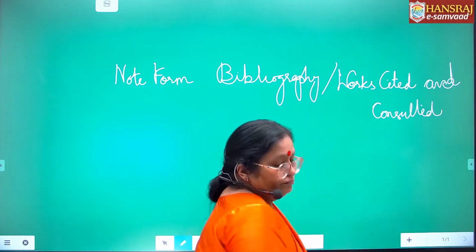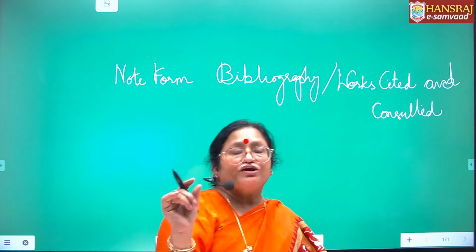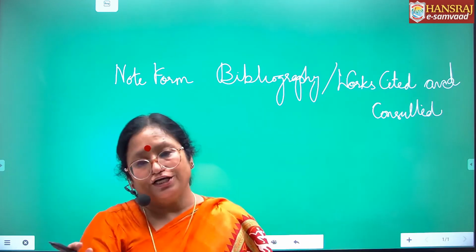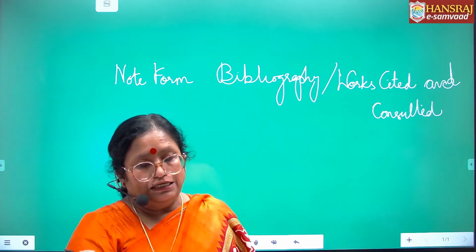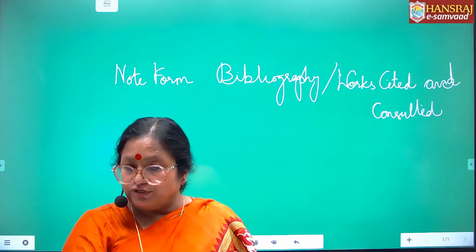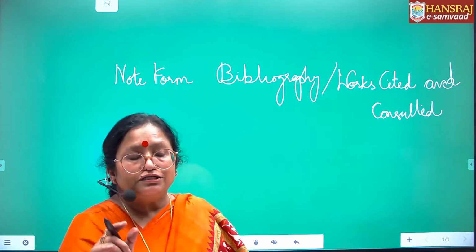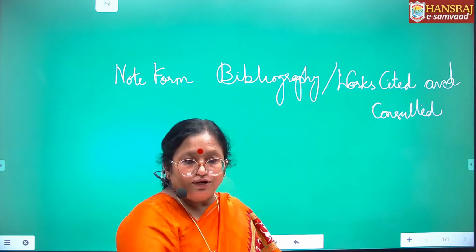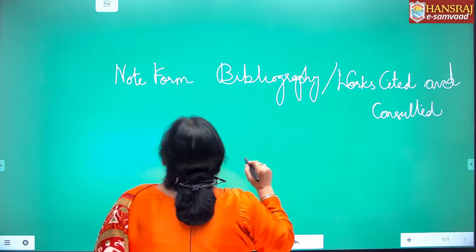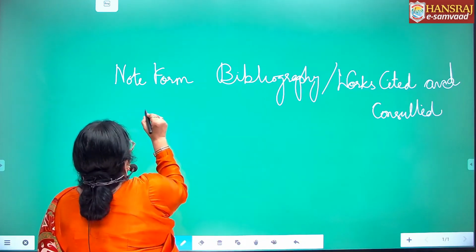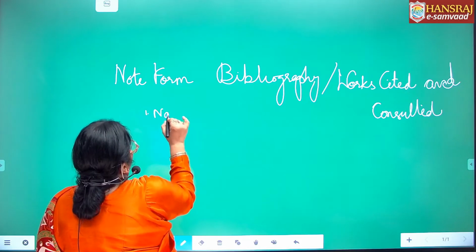In note form, we will give reference to the work that we are taking into account. So here the page number will be given also, and in the note form there is a format which we follow, and that is known as name of the author in normal order.